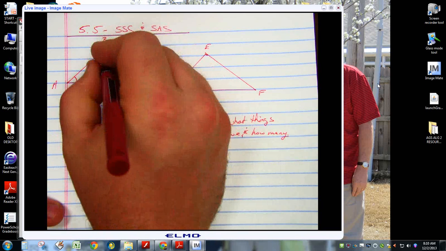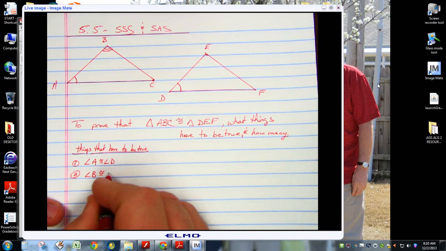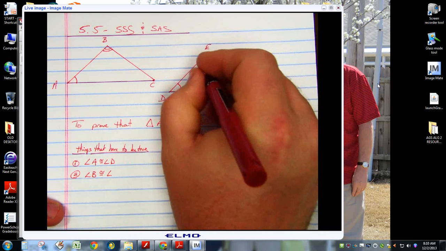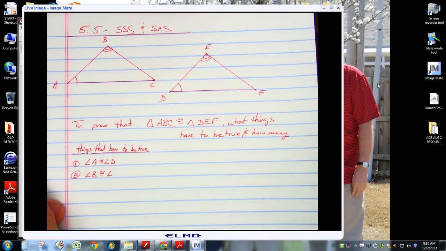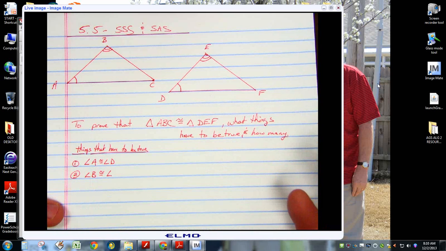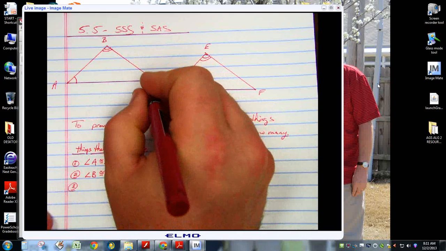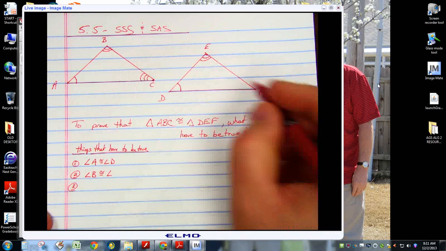Angle B would have to be congruent to angle what? Is everybody okay with that? But that wouldn't be enough because that's only two things, isn't it? There's a lot more things that are true if two triangles are congruent. So we have to keep going. What would be another one? Angle C would have to be congruent to what?